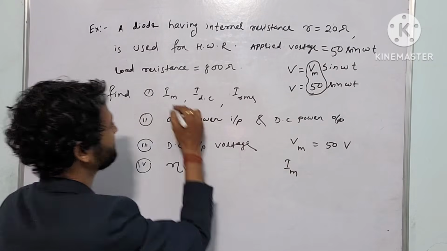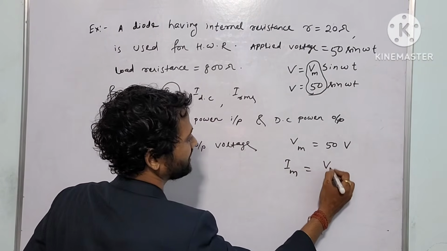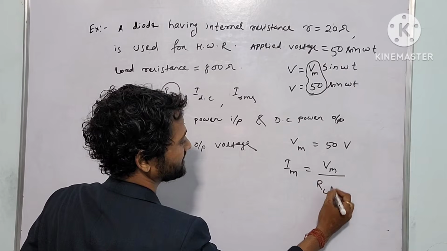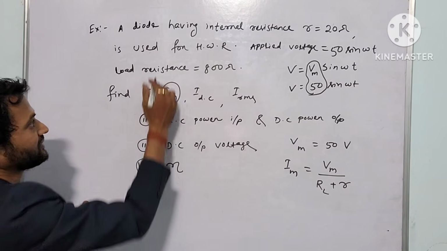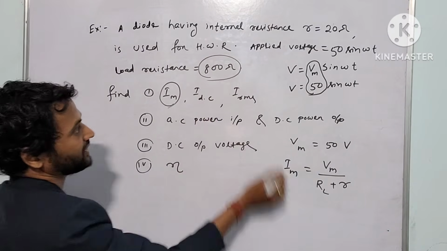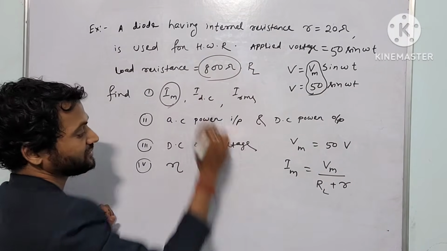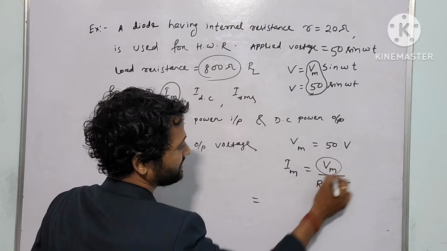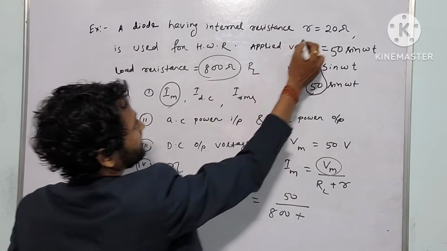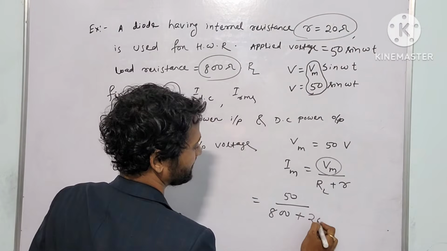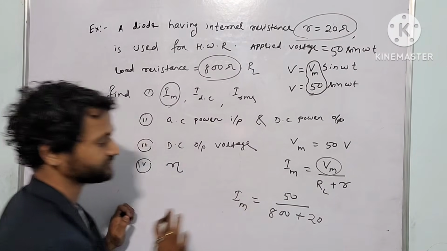So what will Im be? See, what is the maximum current? Maximum voltage by total resistance. Total resistance is RL plus small r. Small r is given, RL is given here. Load resistance means 800 ohm. So Vm is 50, load resistance is 800, and diode internal resistance is given, which is 20. So you can get Im, right?